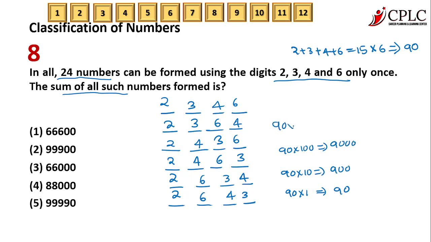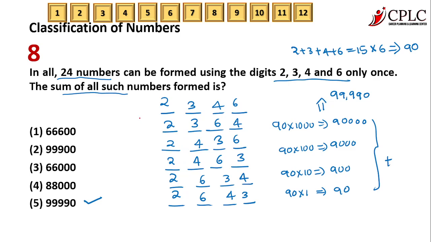And at the thousands place, into 1000, which gives you 90,000. And since we are supposed to add all of them, the sum of all these numbers turns out to be 99,990, which I think is answer option 5. And this is the way to do that.